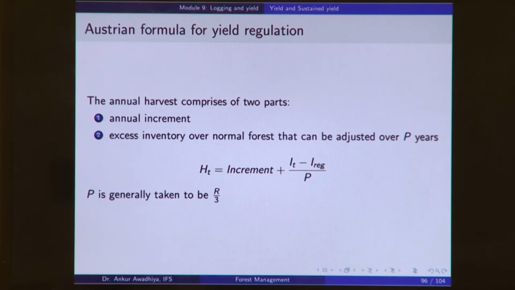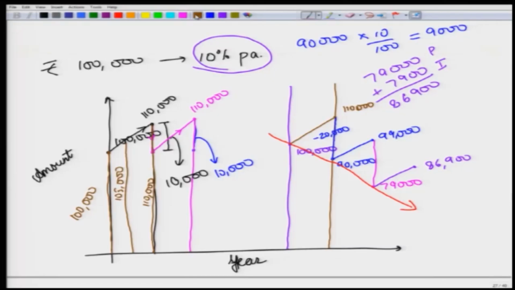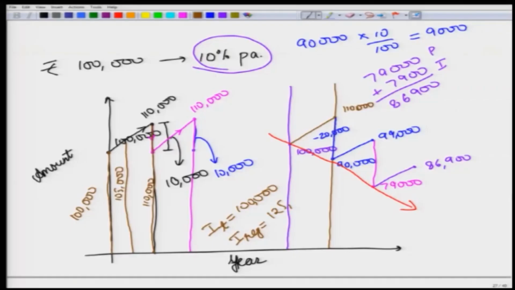So, suppose in this example, if we wanted to put these values, we have IT equal to 100,000 rupees. IREG, suppose I want to have more money in my forest, in my bank account. Suppose I want to have 125,000 rupees, and I want to change this 100,000 to 125,000 over a period of say 20 years.